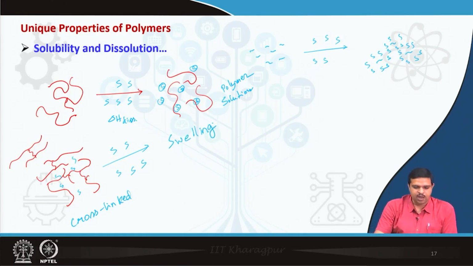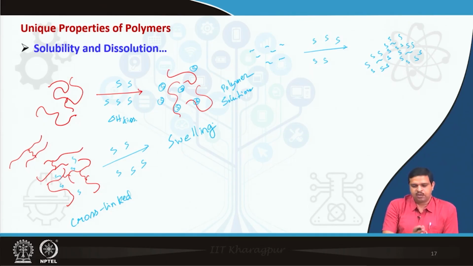It is not like the small molecules. Okay. So, as you see from this easy pictorial diagram, I am sure it is now very obvious to you why it is difficult to make the polymeric solution.